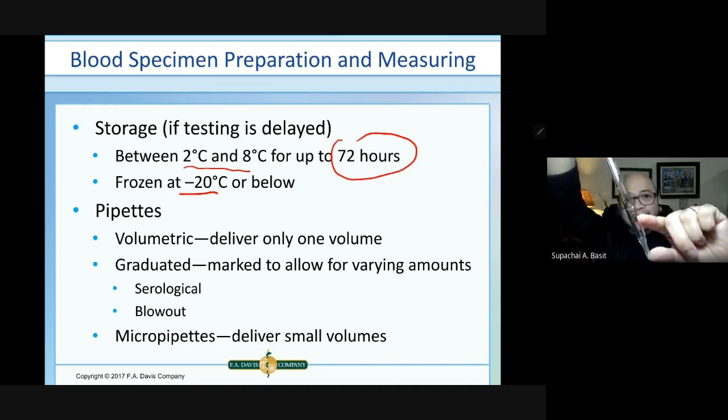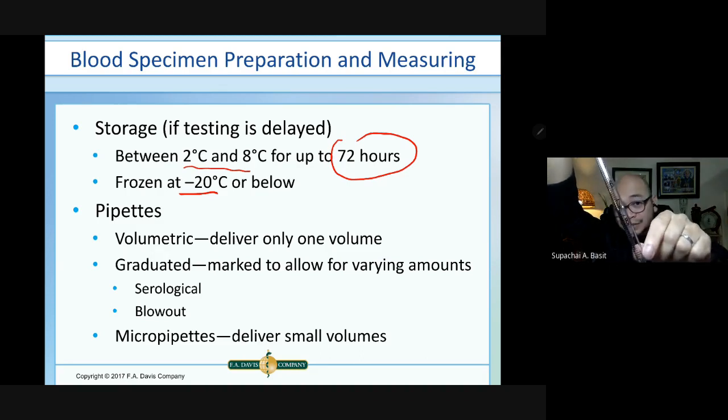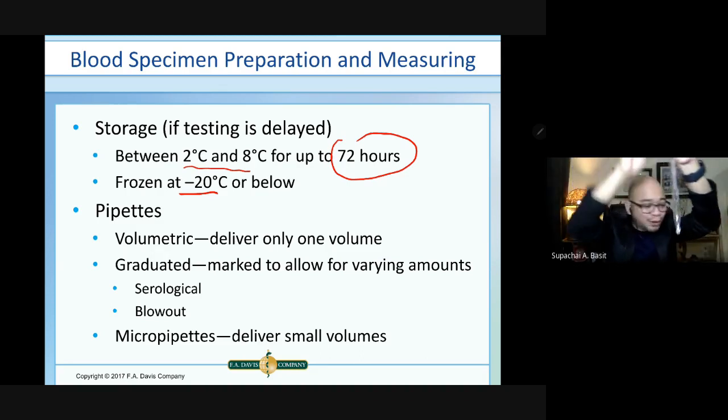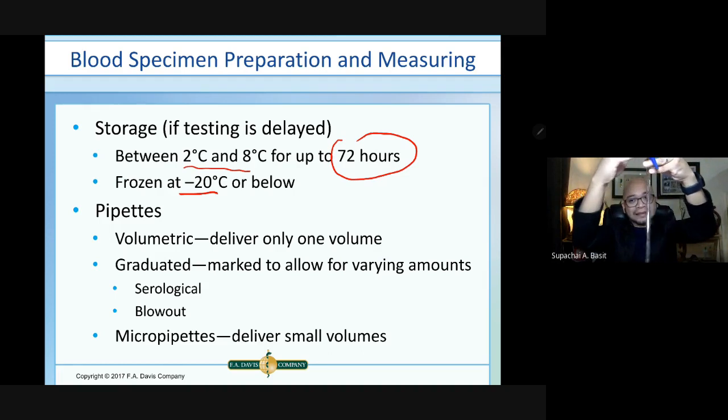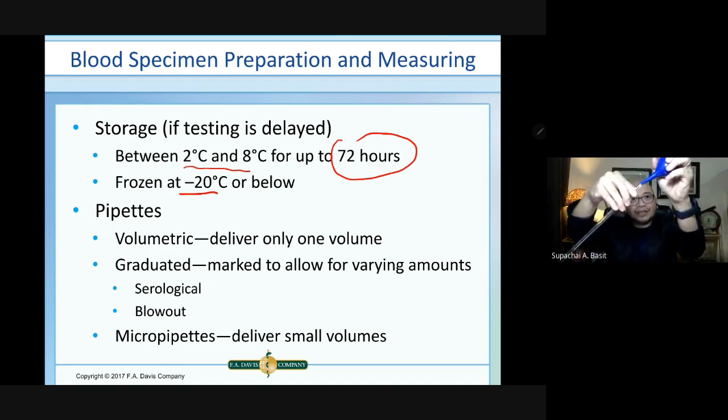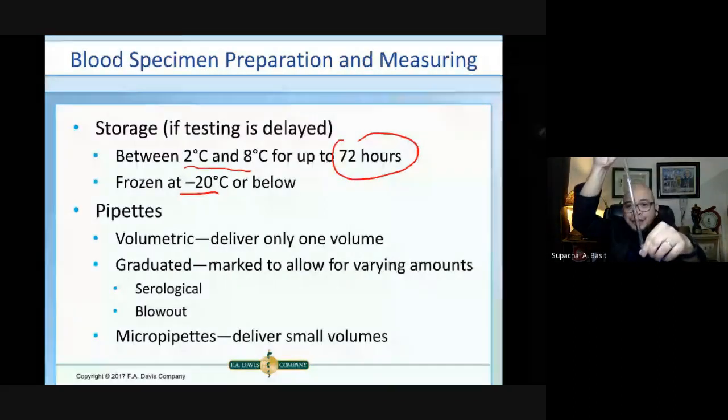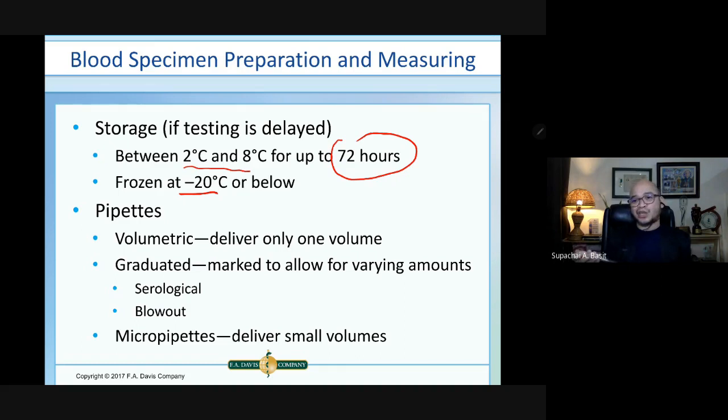However, when you are transferring, there could be liquid that is not actually transferred, so you need to blow it out, like this, so that the entire 10 ml will be delivered to the next tube.